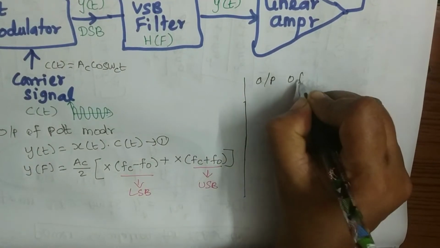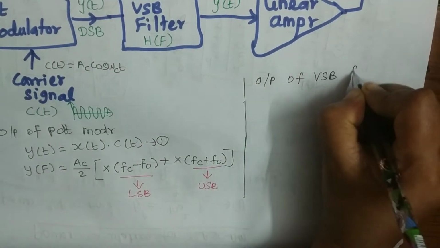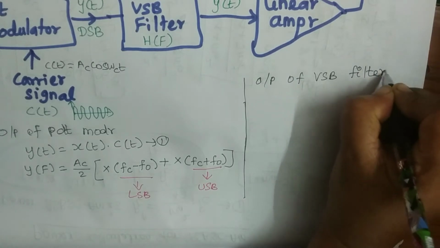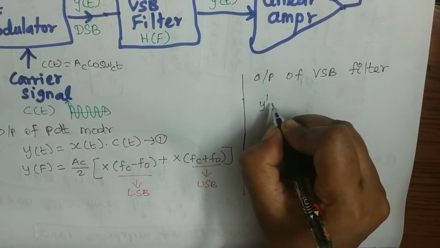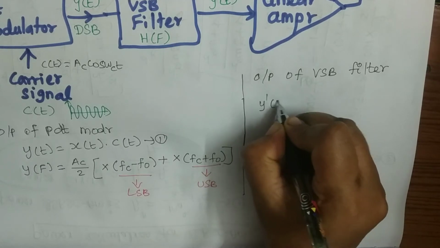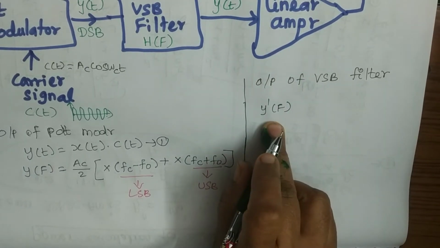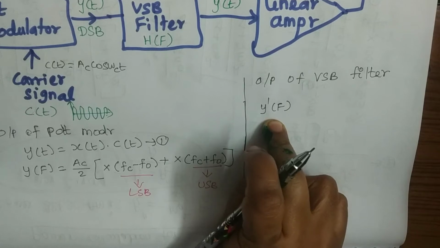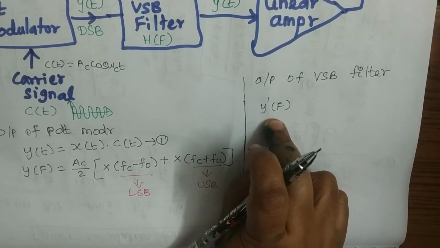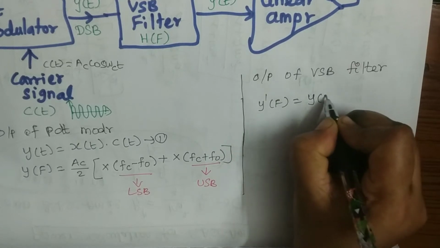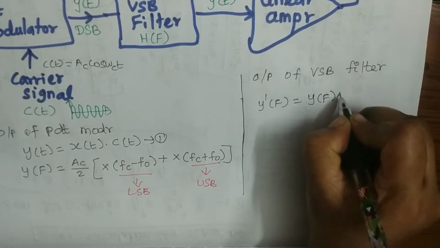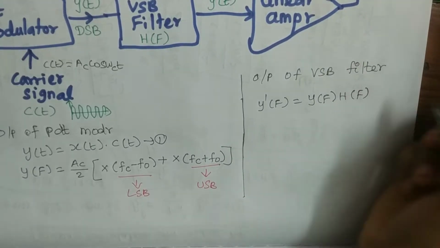Output of VSB filter is Y dash of f. I am writing the output of the VSB filter in terms of frequency. Y dash of f is equal to Y of f into H of f.